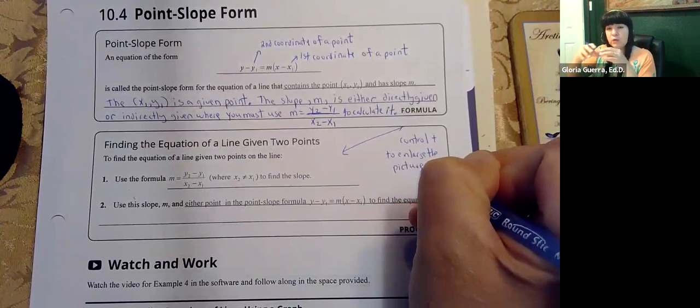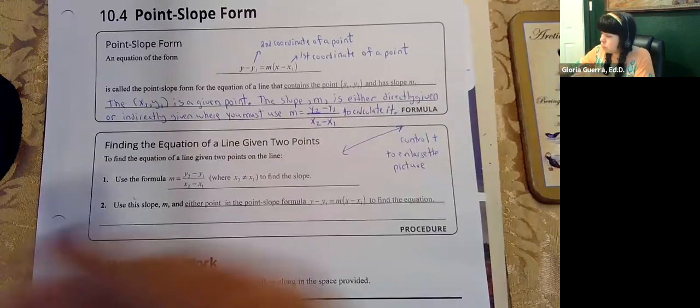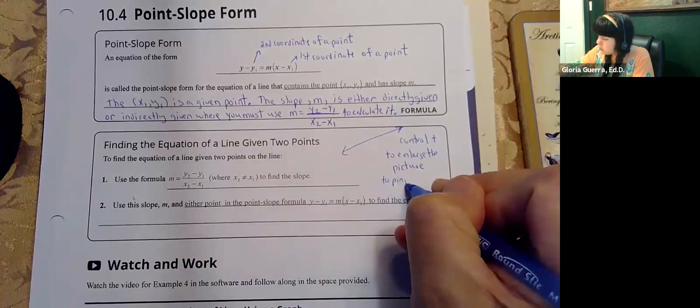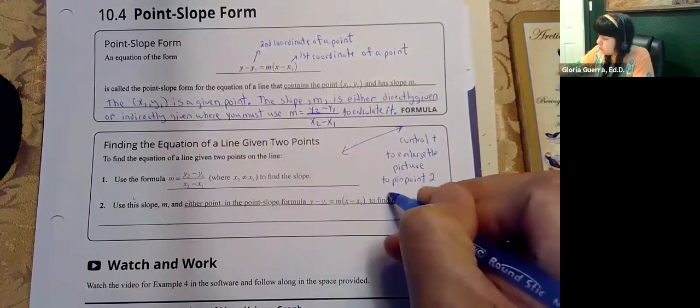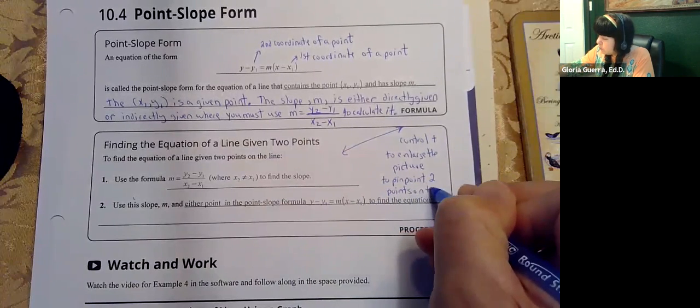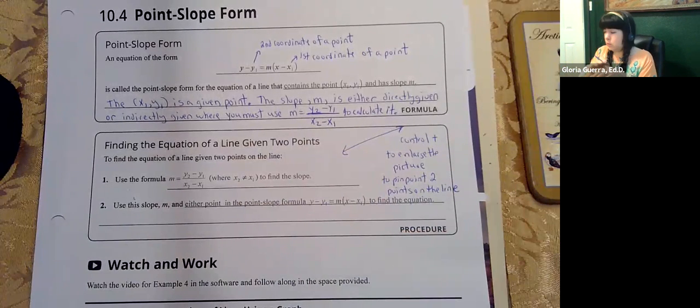And the idea of enlarging the picture of your line would be to pinpoint 2 points on the actual line. So you make it bigger, bigger, bigger, so that you can ID some points on the line.